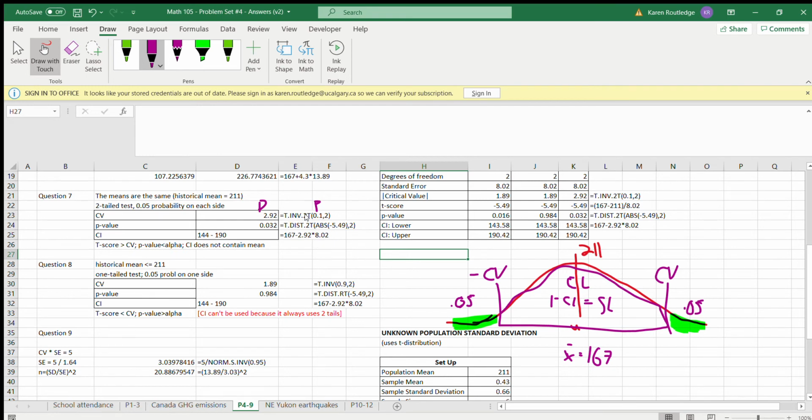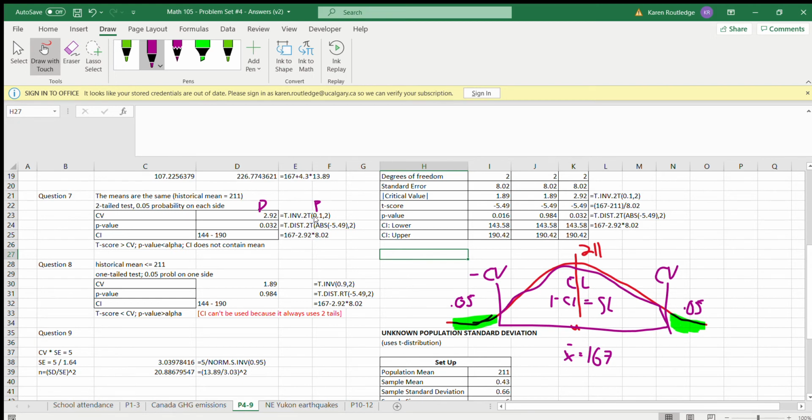So the two-tailed function is a little bit backwards from how other Excel functions work. Even though we're interested, for instance, in this 0.05, we actually give it the full significance level. That's just a weird thing about the way Excel does it. And then it will divide that 0.1 into the two halves for us.